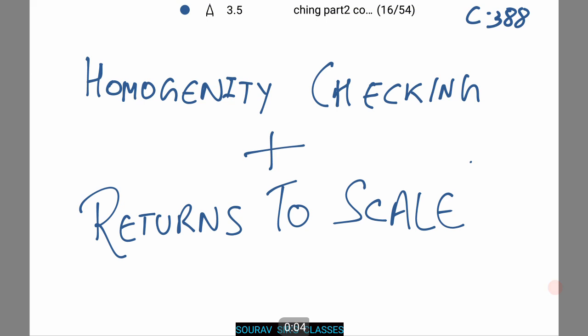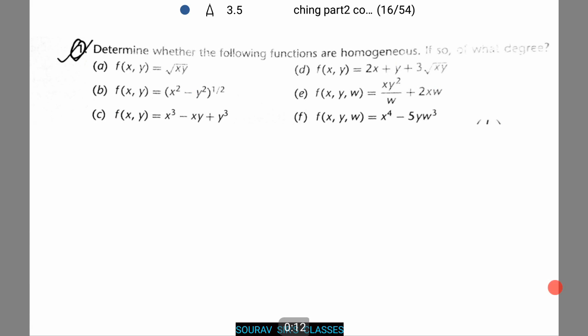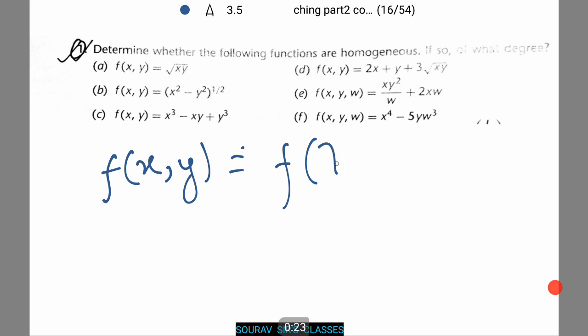Today we are going to be dealing with homogeneity checking and returns to scale. Let's begin with a very simple question. For homogeneity checking, the very simple procedure is whenever we are given a function f(x,y), put the value f(lambda x, lambda y).